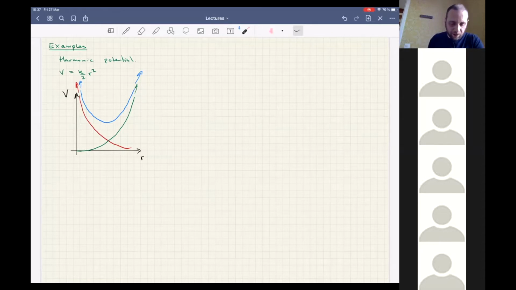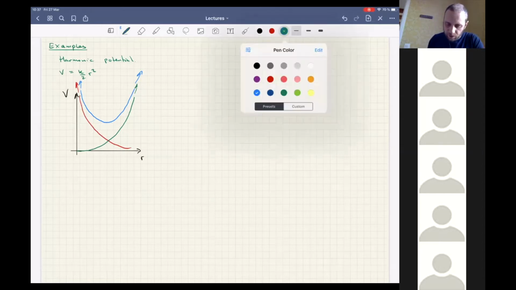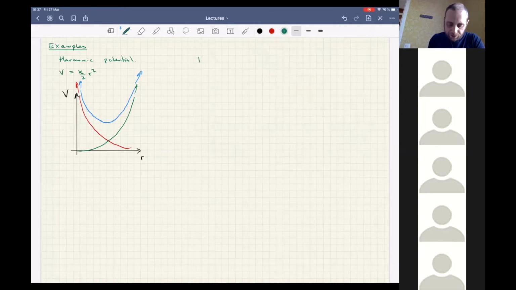The second example is a Kepler potential. In the Kepler potential, instead of having this r squared potential of the harmonic one, you have minus some constant divided by r.